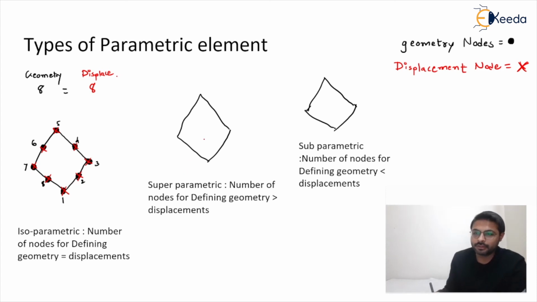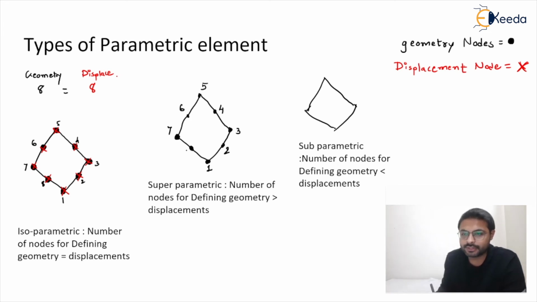Now for the superparametric element, in the same manner, I number the nodes 1, 2, 3, 4, 5, 6, 7 and 8.